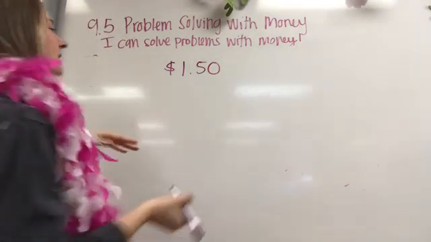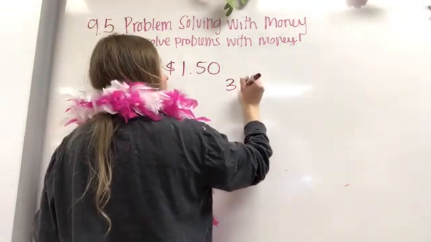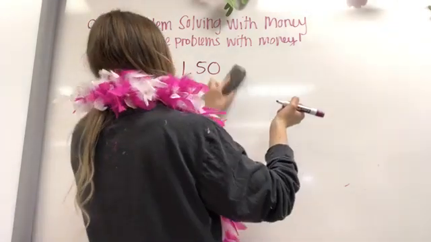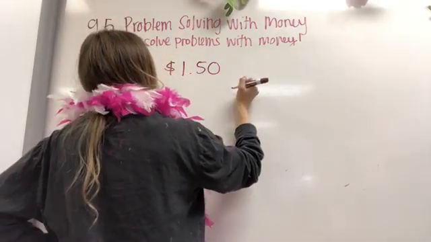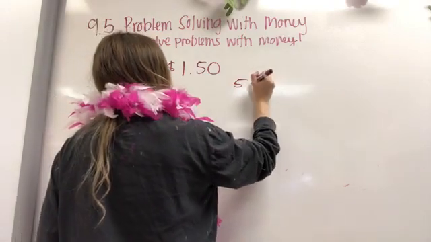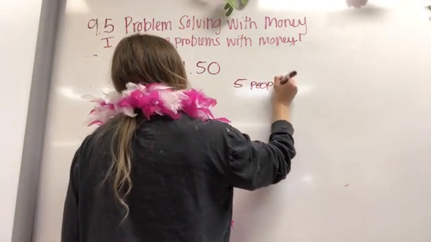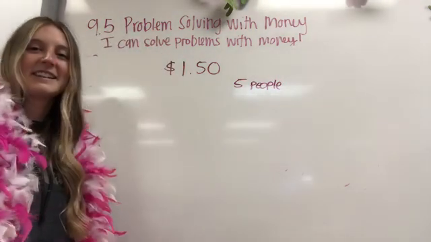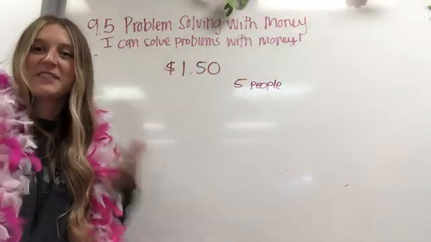And I want you to split that between 3 people. No, that's too easy. I want you to take this and split it between 5 people. How much does each person get? Pause it and give it a try, but I'm going to keep going.